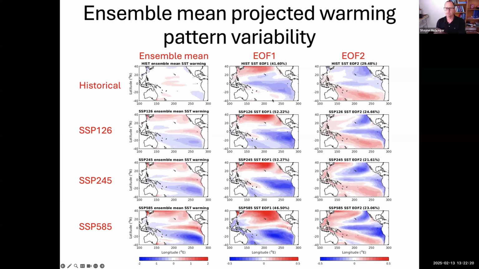If you focus on the first EOF in the projected future scenarios, you can see there's a cooling in the southeastern Pacific, but it largely covers the southern hemisphere. I will point out the EOF analysis was only done for the Pacific Basin between plus and minus 40 degrees.